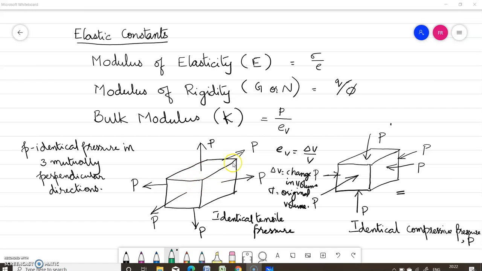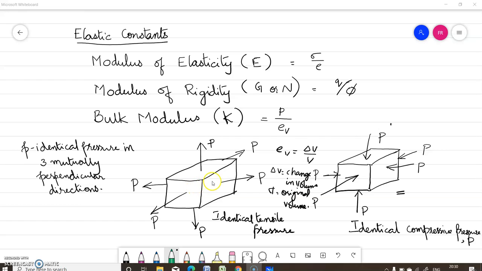So if you have a parallelepiped like this, which is subjected to equal pressures on all the sides, the body undergoes uniform changes in three directions without undergoing distortion of shape.